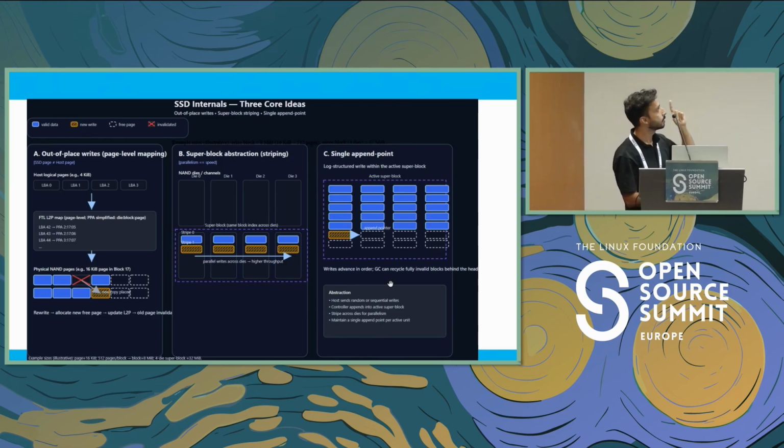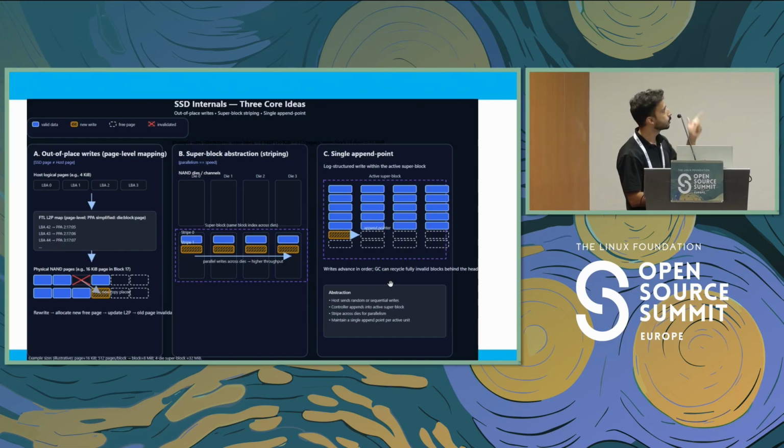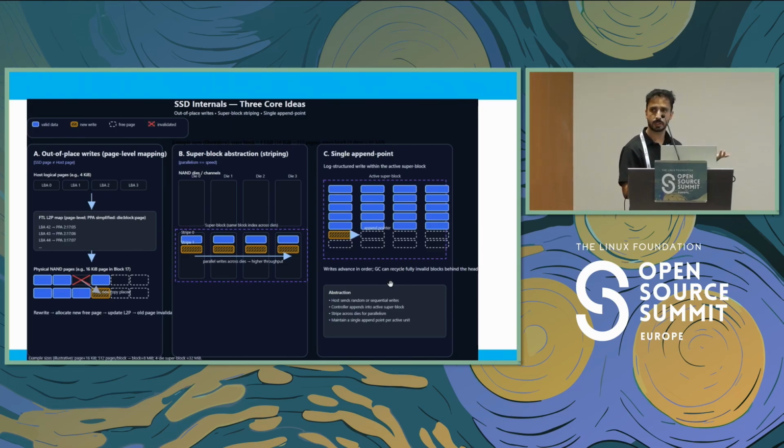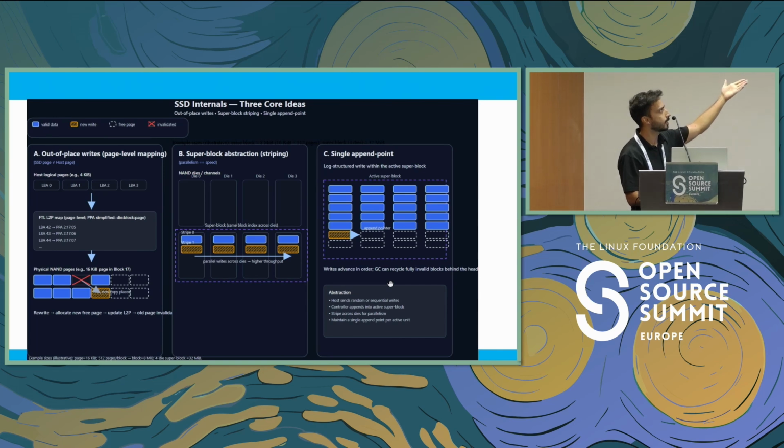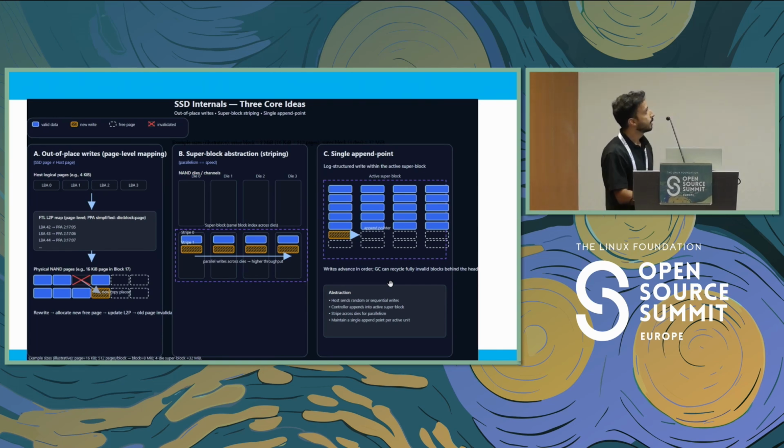3 points to make. The first one, SSD is going to do out of place writes. So it has its own page level mapping, and when I say page here, this is an SSD page, not our system page, 4 KB or huge pages and stuff. This is something that the SSD decides. As far as the host is concerned, yes, the host typically is going to write in units of 4 KB.